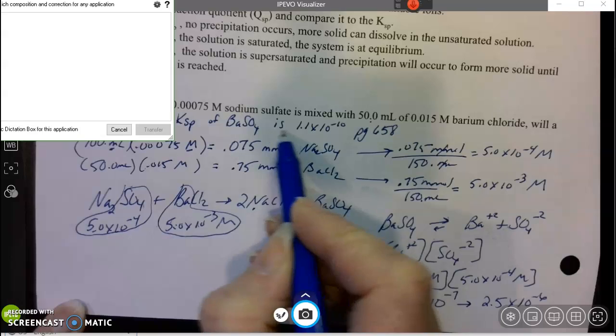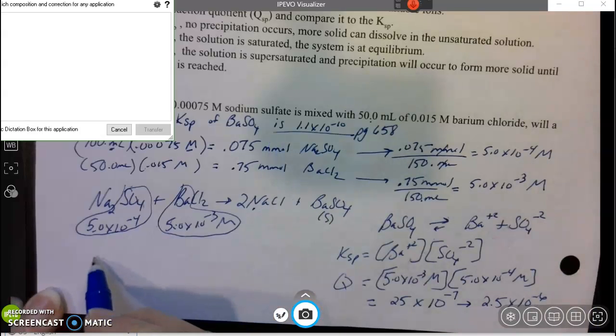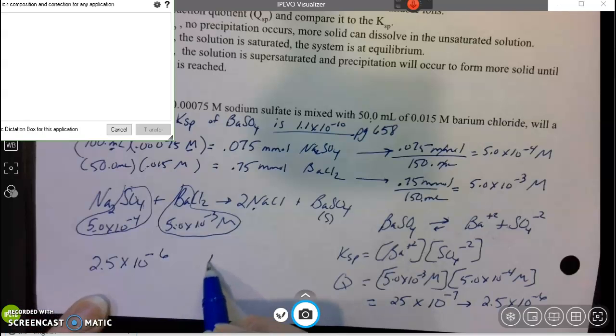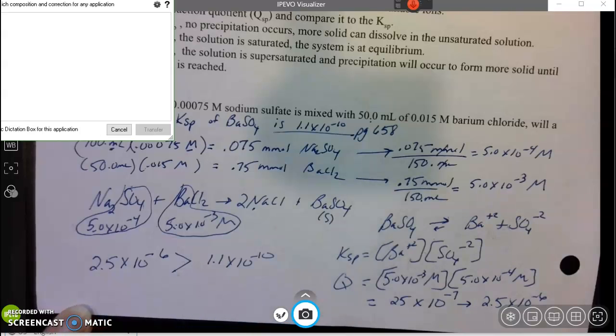So then I'm comparing these two. Always put Q in front. And then I'm going to compare how that relates to 1.1 times 10 to the negative 10th. So this one is greater than KSP, so a precipitate will form. So it's going to try and get these ion concentrations down so they equal this for equilibrium.